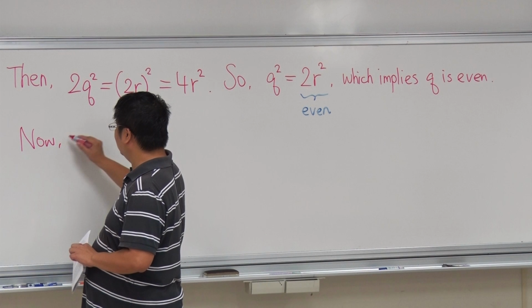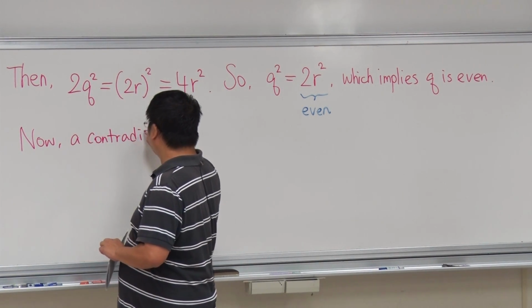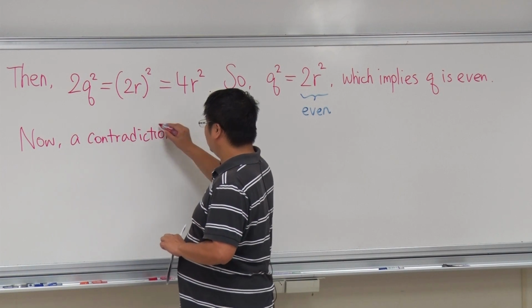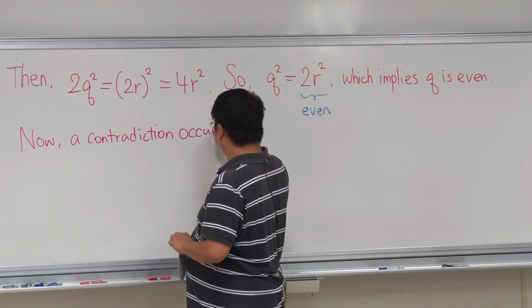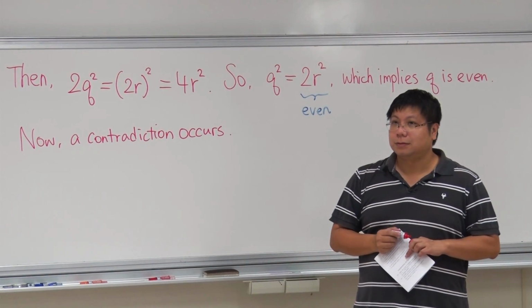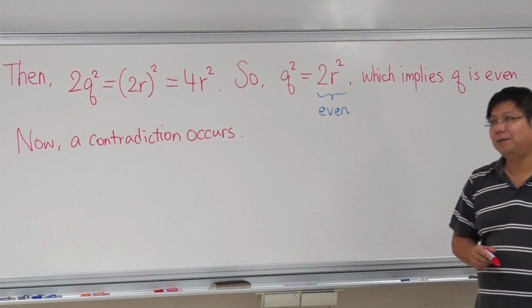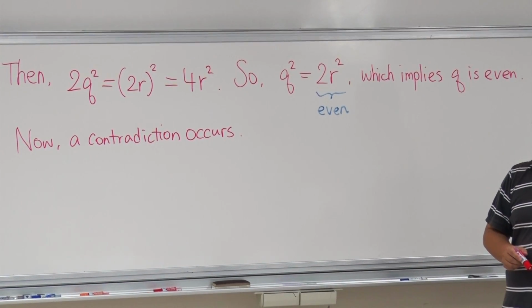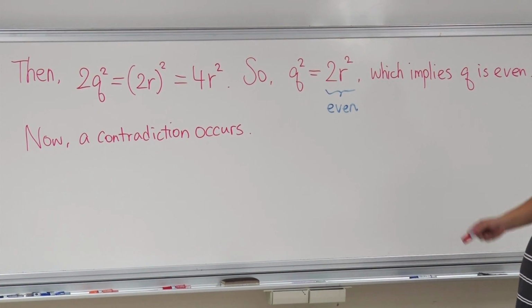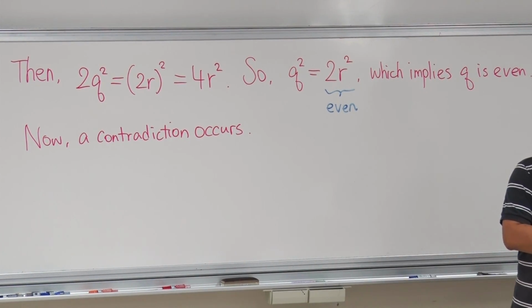Now a contradiction occurs. Where is it? Where is it? So suddenly a contradiction occurs. So where is the contradiction?